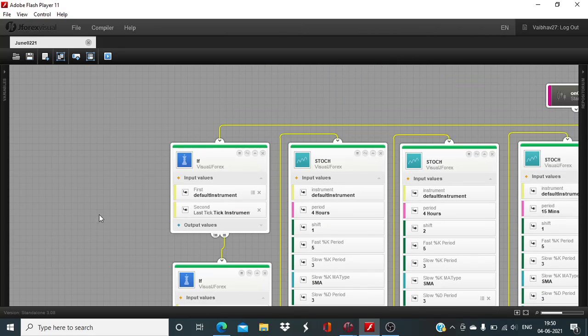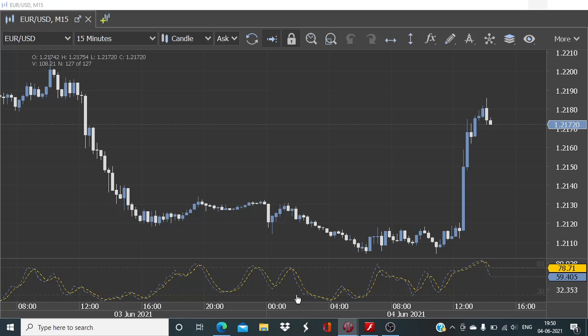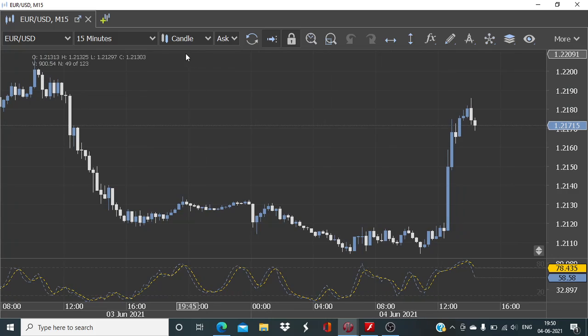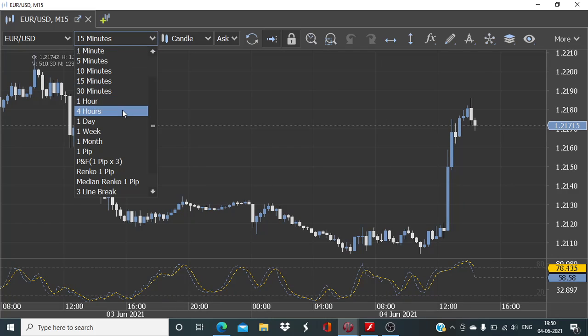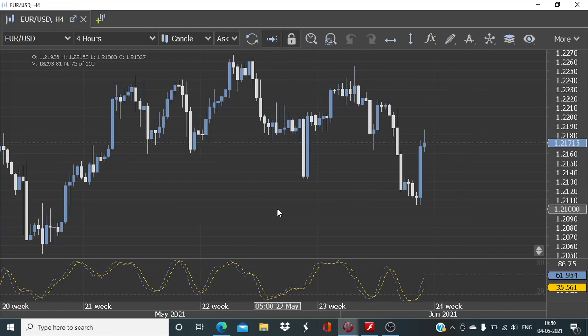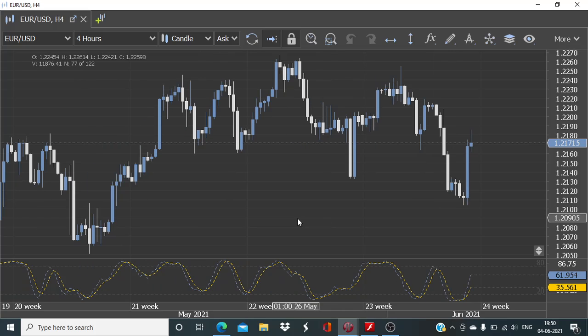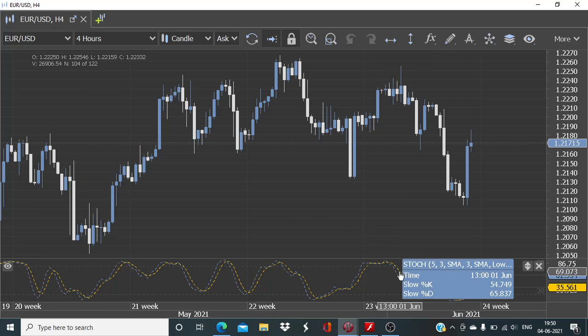So now I will give you a brief refresher of the underlying logic using which we are going to execute the sell trade. This is the Euro USD chart on the 4 hourly time frame, and we want to be looking for the sell trade whenever we have the stochastic values on decline.